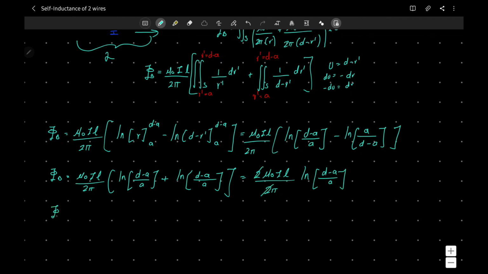Simplify that, and I have that the magnetic flux will be mu naught times the current times the length over pi natural log of d minus a over a.